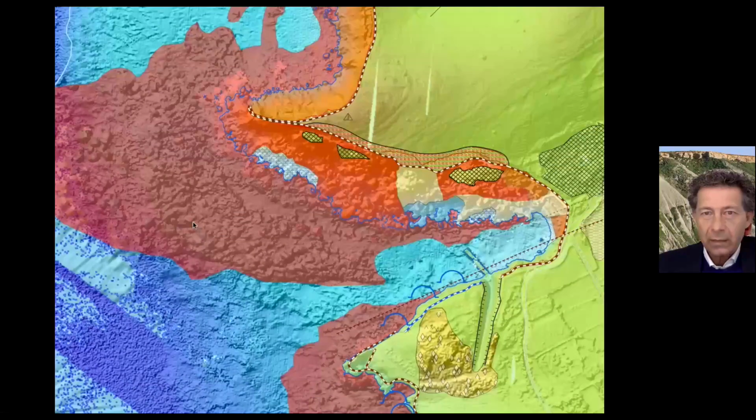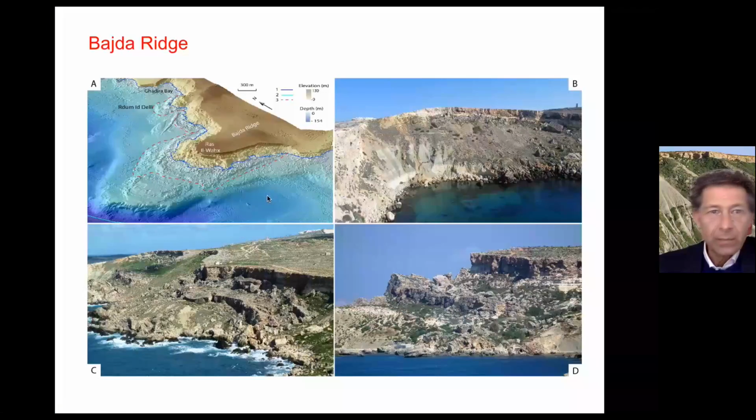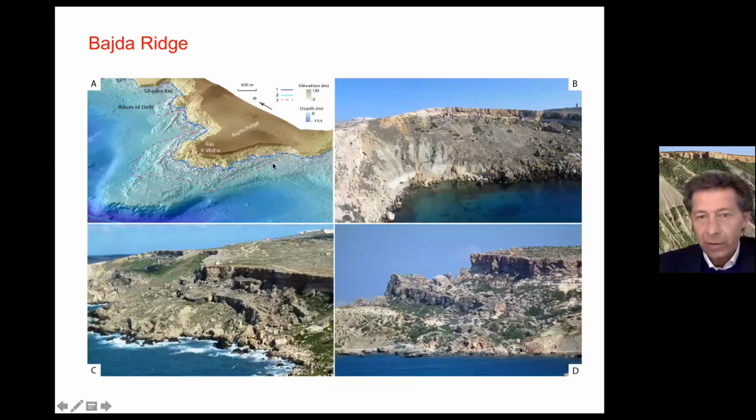And you see from here how they are extended, to what extent they are outcropping below the sea level, quite significantly. So these deposits, also in other parts of the northwest coast of Malta, reach depths of about -40, -50 meters below the present sea level.